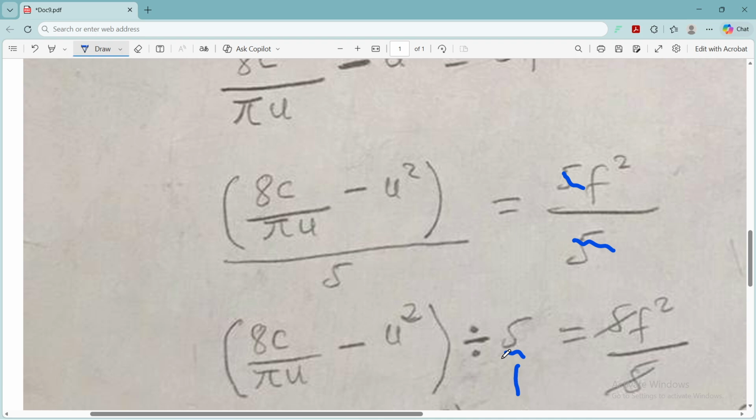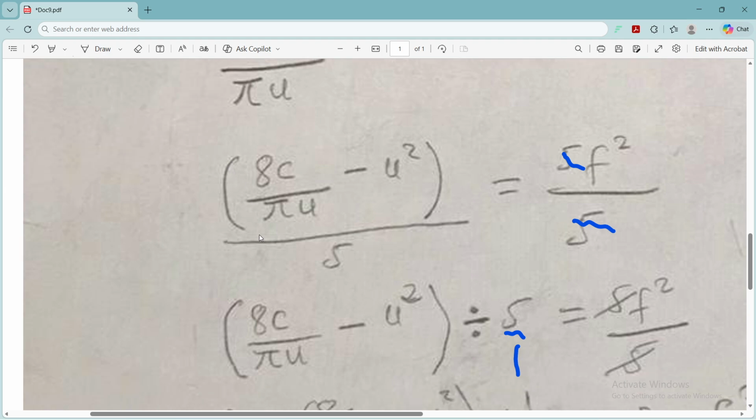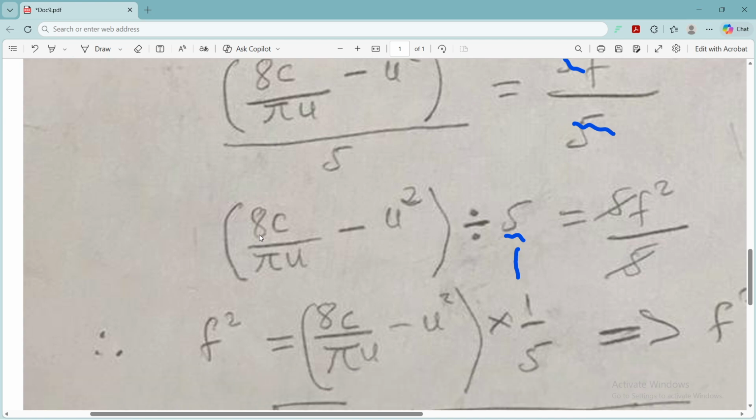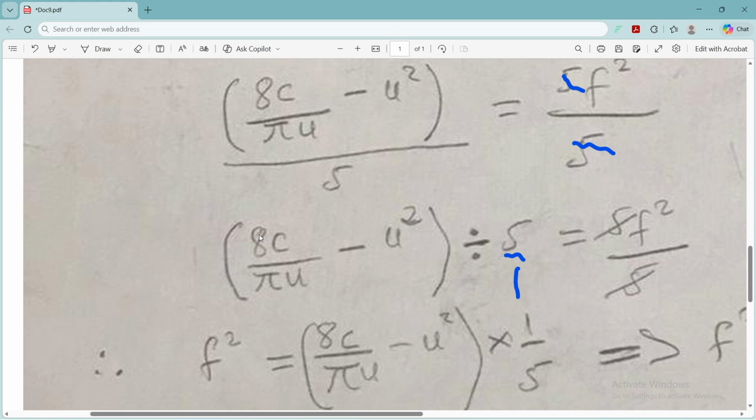So in simplifying further, we are going to have our new equation to be f square equals, in brackets, the fraction 8c divided by pi u minus u square, multiplying the fraction 1 over 5, right? Because the sign changed from division to multiplication.